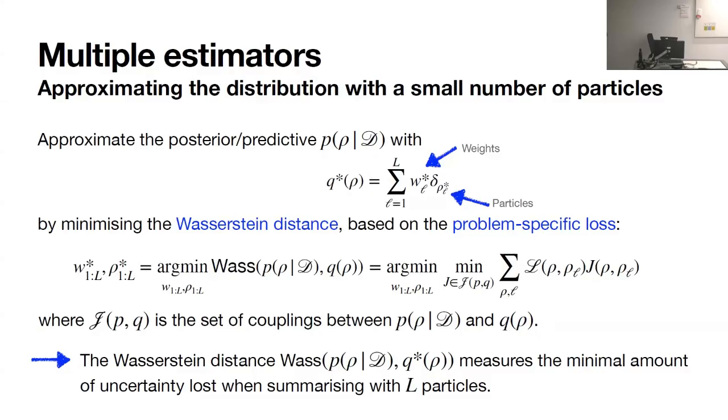And this is just the definition of the Wasserstein distance. So J is a coupling. So if rho is a clustering solution, this is a distribution over the product of partition spaces with marginals P and Q. Okay, and we can also give an interpretation to the Wasserstein distance in this case as measuring the minimal amount of uncertainty lost when you summarize with these L particles.